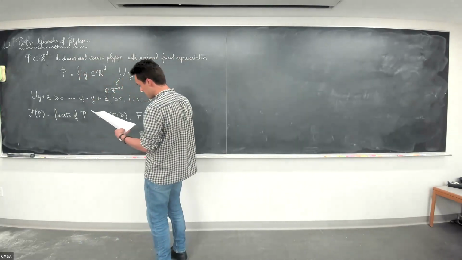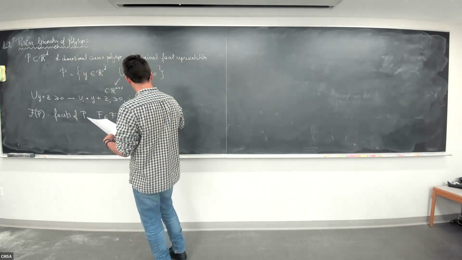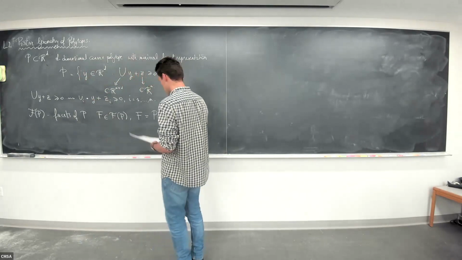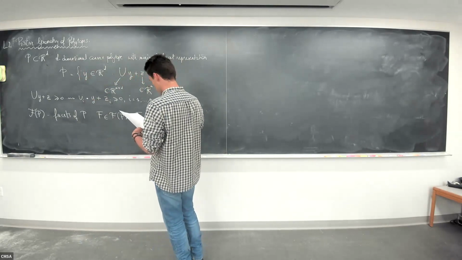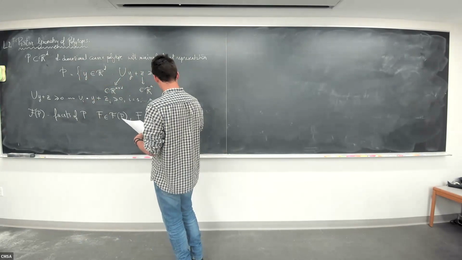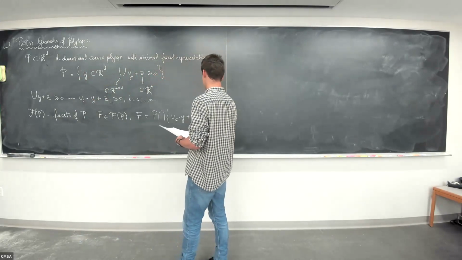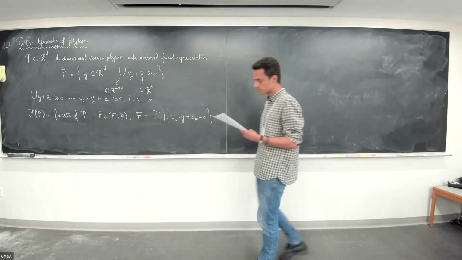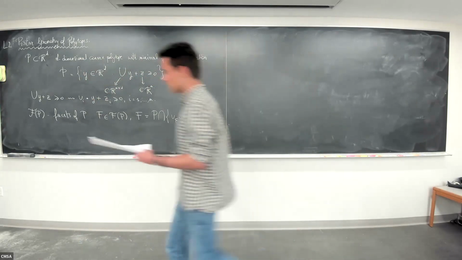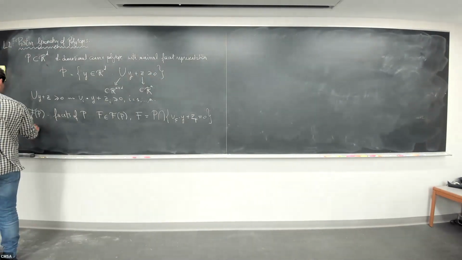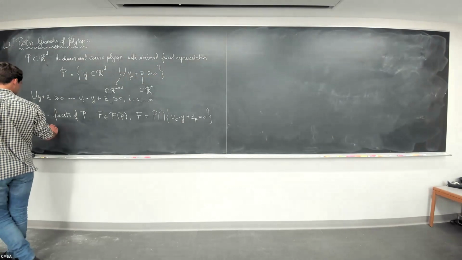So F is the intersection of P with the hyperplane given by U_F dot y plus z_F. And then curly V of P is our vertices.